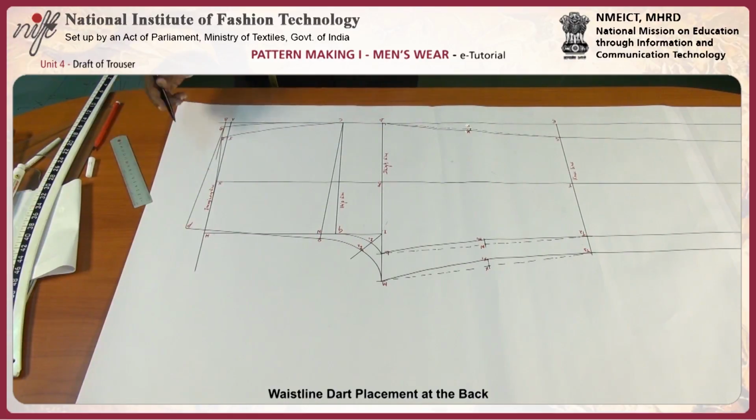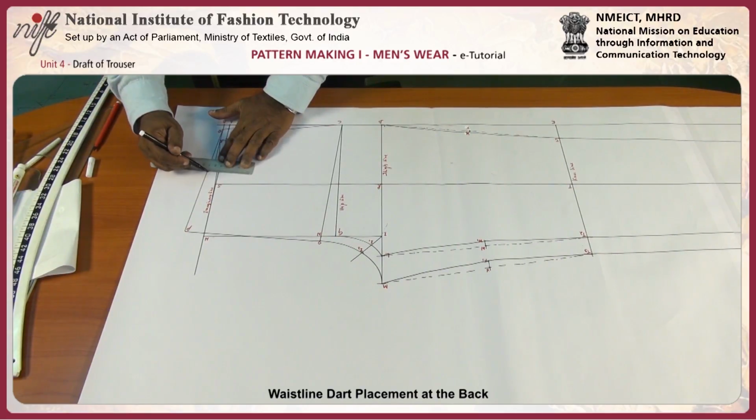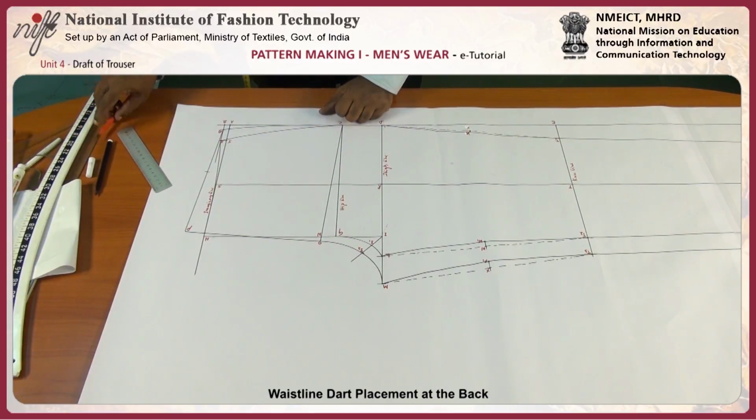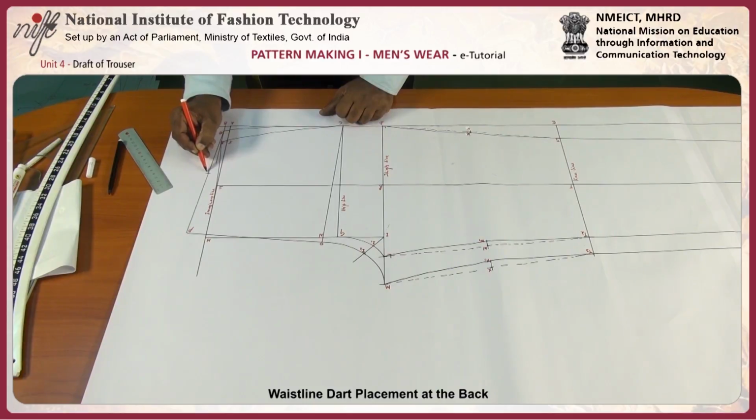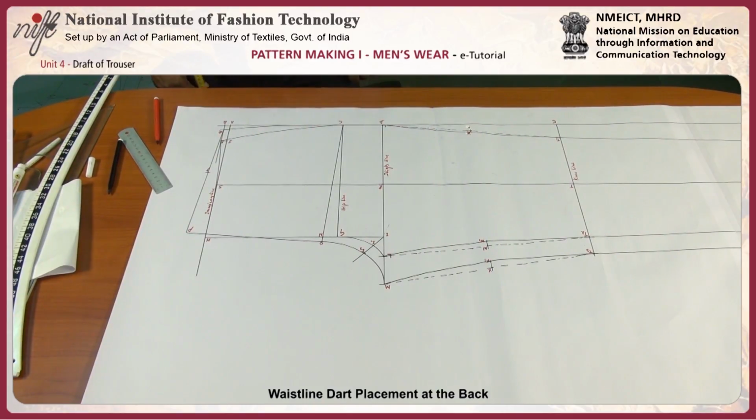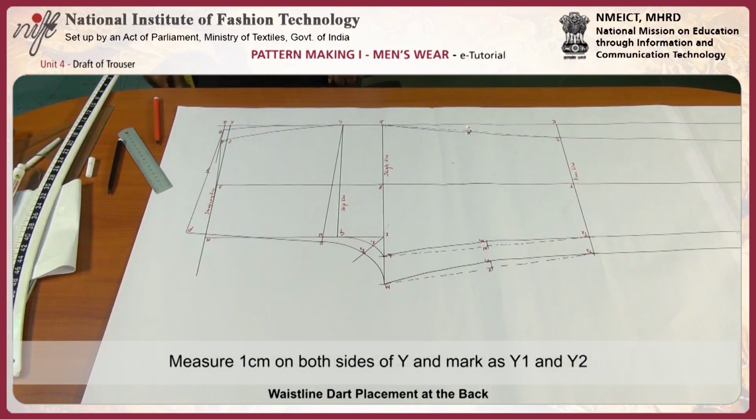This 10 centimeter is half of P and Q minus plus 1 centimeter. Point Y. Measure 1 centimeter on both sides of point Y and mark them as Y1 and Y2 as shown.